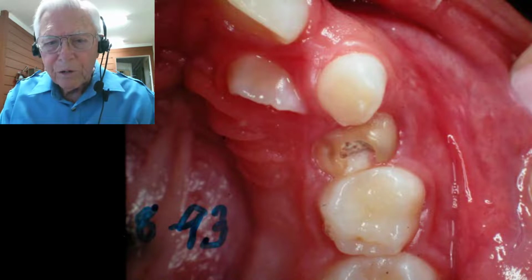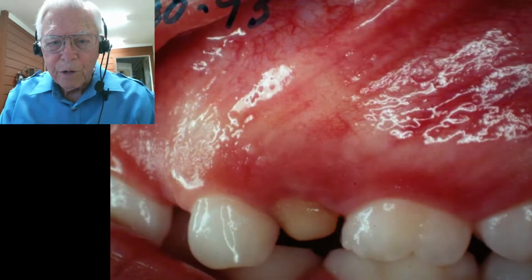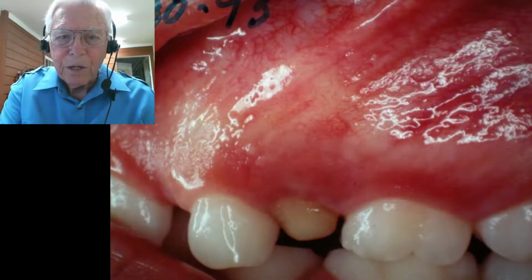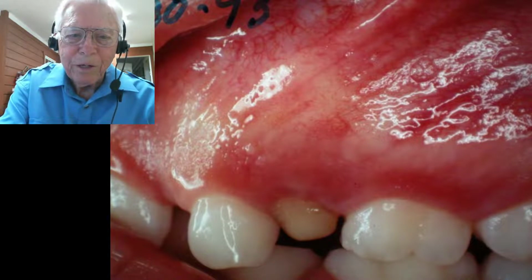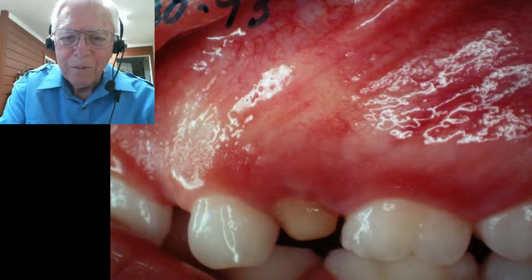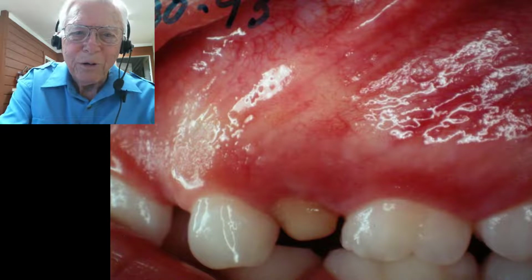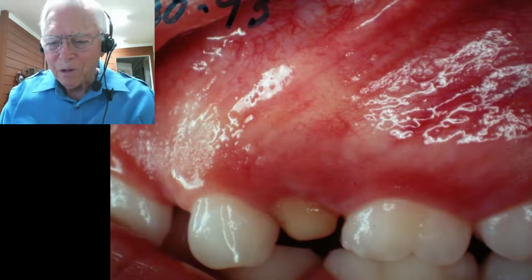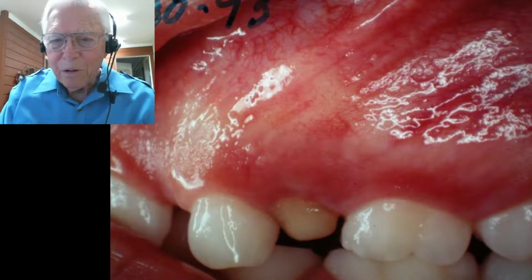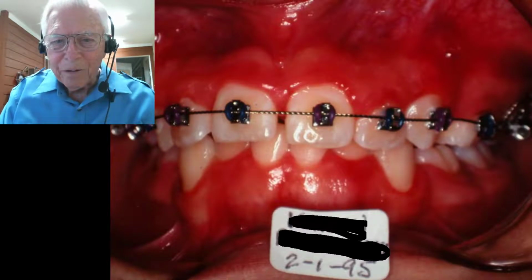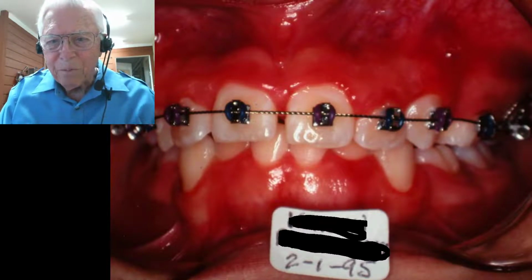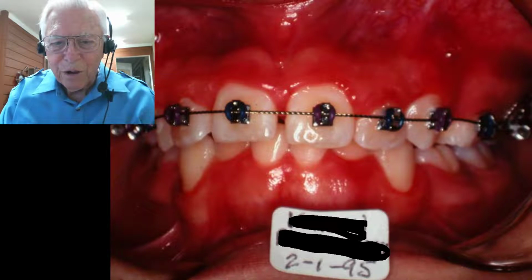Okay, now let's look at this particular one here. Now you don't see anything unusual about this until you look at the x-ray. And when we show you the x-ray, you're going to see what is giving you the trouble here. Now this is after we pretty well took care of the cyst. This is 1995.